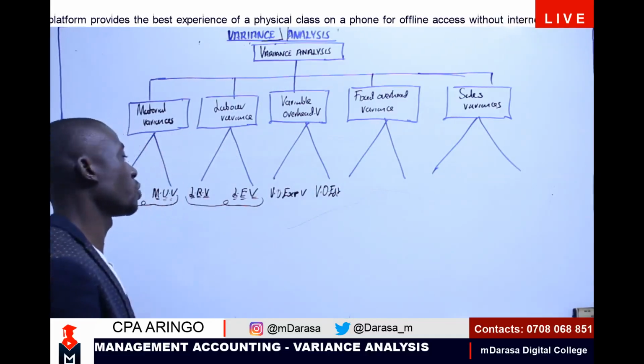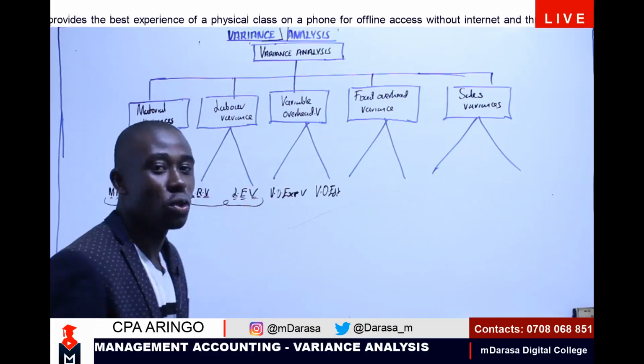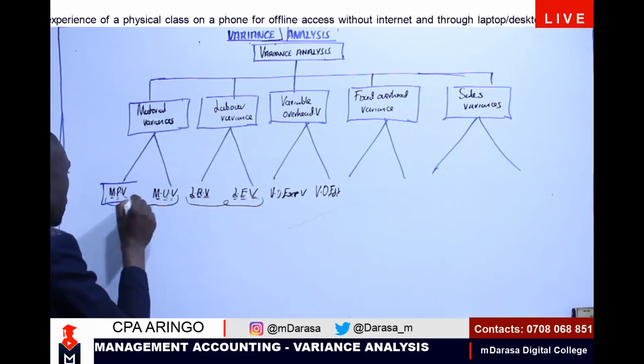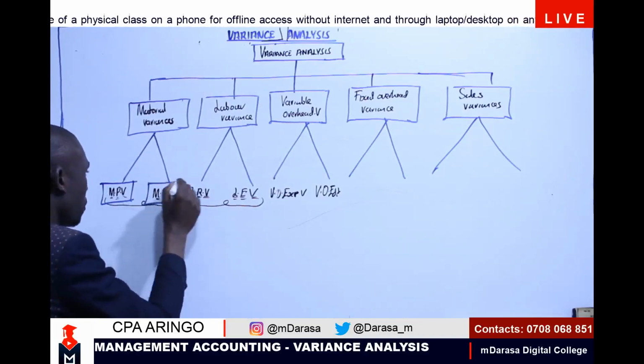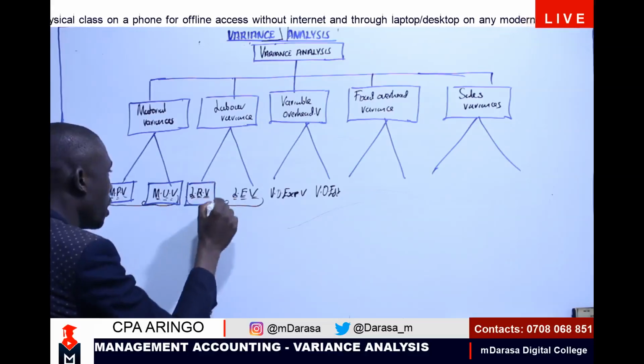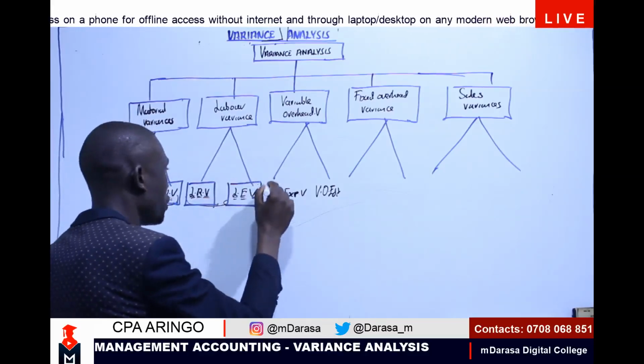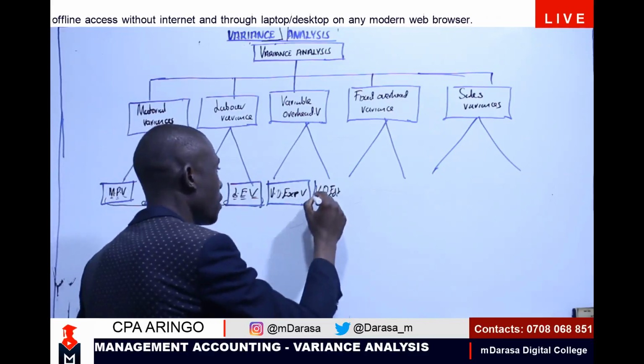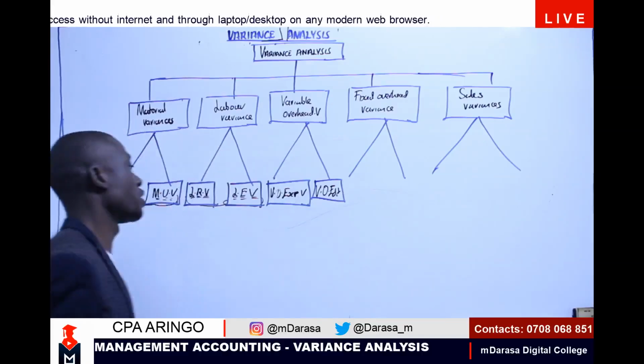Don't worry, because you are going to look at each individual component. So this is material price, material usage, labor rate variance, labor efficiency variance, variable overhead expenditure variance, variable overhead efficiency variance.